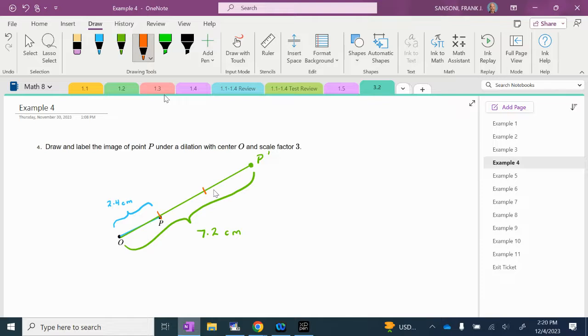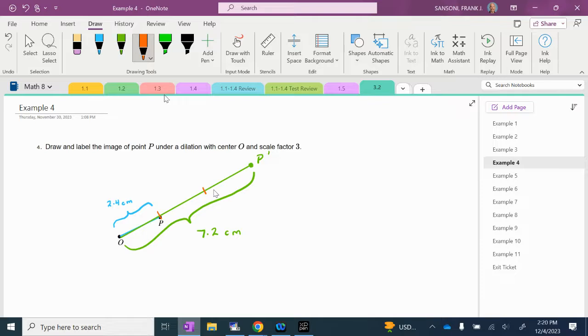Okay? If I wanted to stop right here, what would that be? What number? 4.8. 4.8, right? So if I double 2.4, there's a scale factor of 2. If I triple 2.4, there's a scale factor of 3. So you keep adding 2.4 every time, that increases your scale factor up by 1.